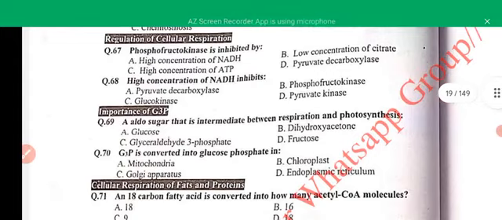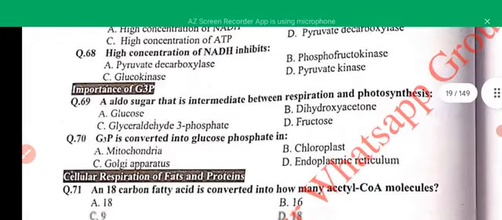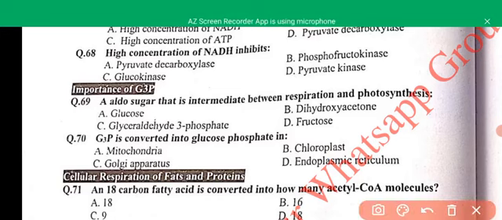Then we came across the aldo sugar that is the intermediate between respiration and photosynthesis. Is it glucose? No. It is glyceraldehyde 3-phosphate. Aldo sugar has an aldehyde group.